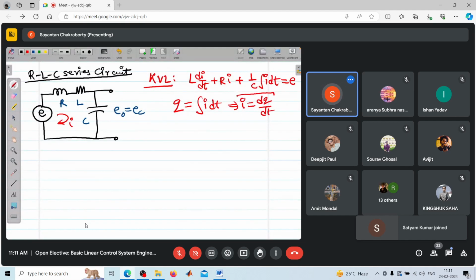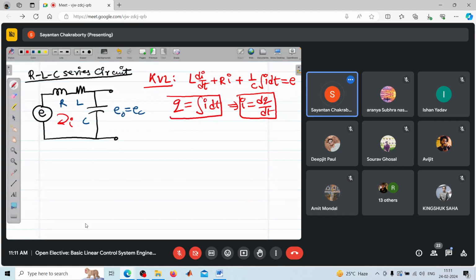So if we replace this over here, then this equation simplifies to L q double dot plus R q dot plus q by C equal to E. I think all of you can follow.